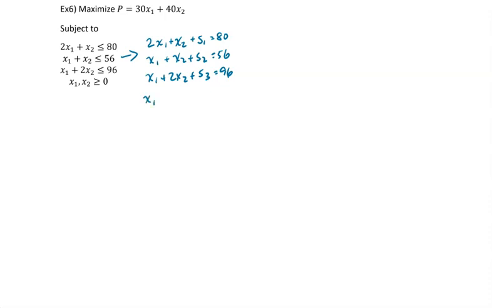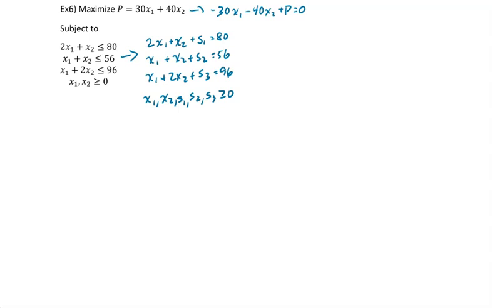And then all 5 of our variables will be greater than or equal to 0. For the profit equation, we're going to do the exact same thing as before. No difference there. We're just moving the variables over to the other side by just making them negative, and we have it set equal to 0.